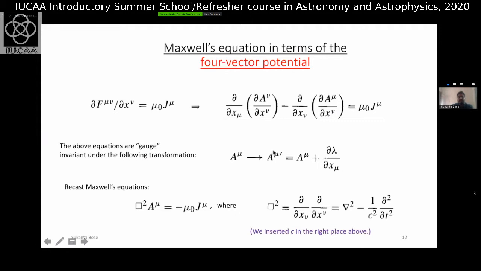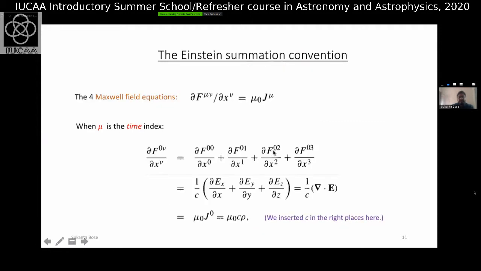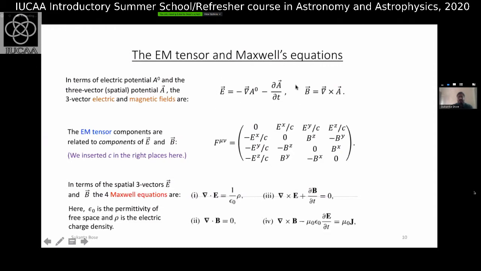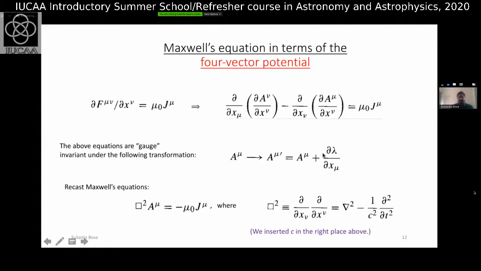Why is that? Because you will find that, going back, the electric field and magnetic field remain unchanged if you change the 4 vector A by a transformation like this.